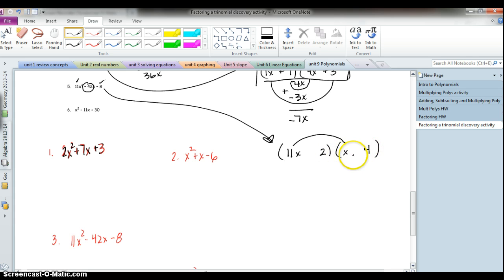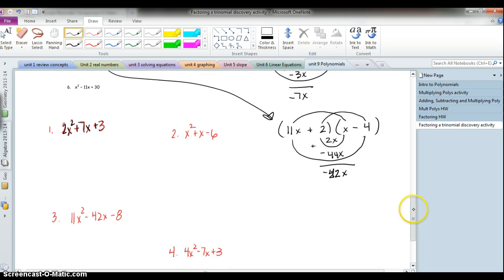And I need a negative 8, so let's go with positive 2 and minus 4, because that definitely gives me a negative 8 when I multiply. So there's my 2x. That would be negative 44x, and when I add those straight down, I get negative 42x. Which is exactly what I needed. I needed that negative 42x, so that worked out.